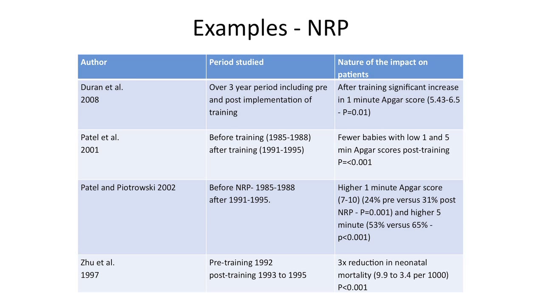But all these studies, if you read that final column, show that after training, there was a significant improvement in things called the APGAR score and mortality in that last column. So babies got better and died less if people went on simulation courses.